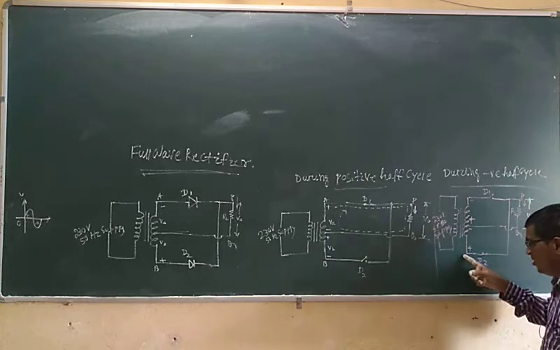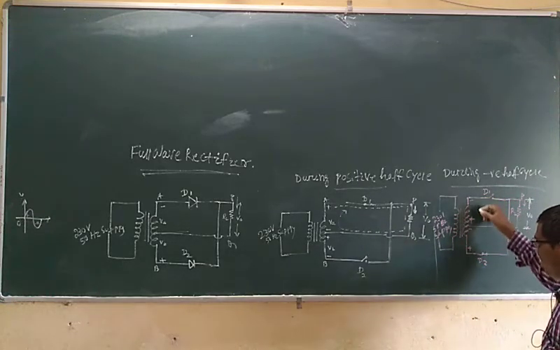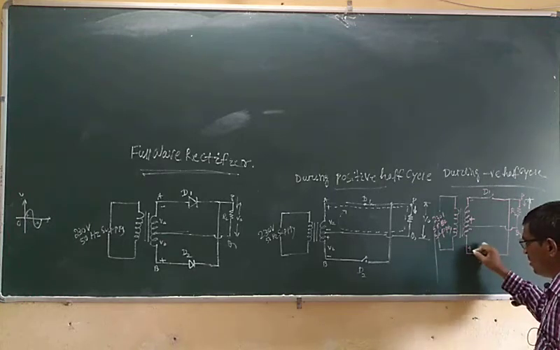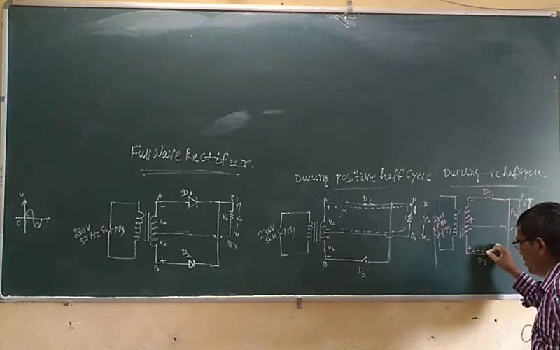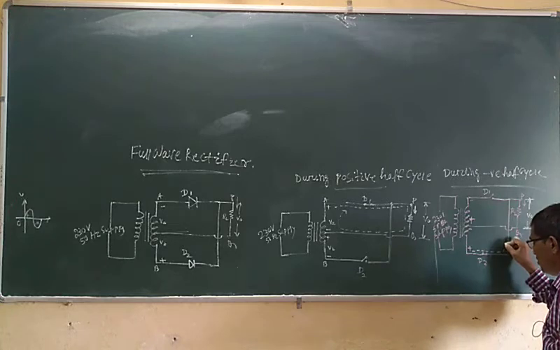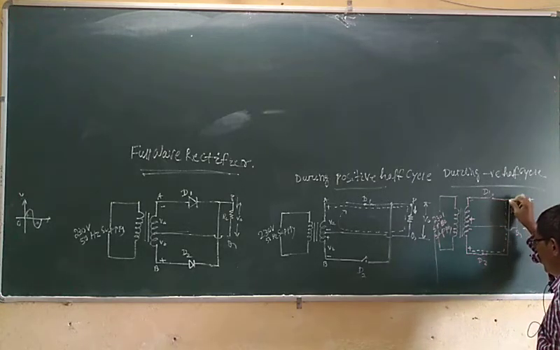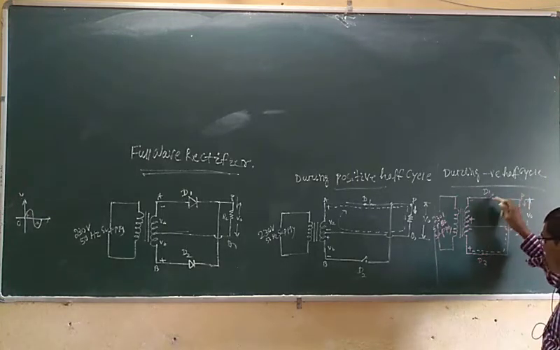For the polarity or direction of current, diode D1 is open and D2 is short circuited. The current starts from positive, and this is the path of the current. In this path the current does not conduct through diode D1 because it is an open circuit.